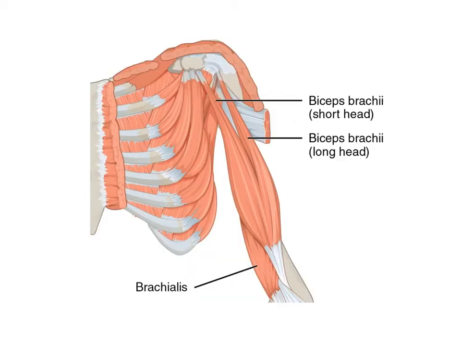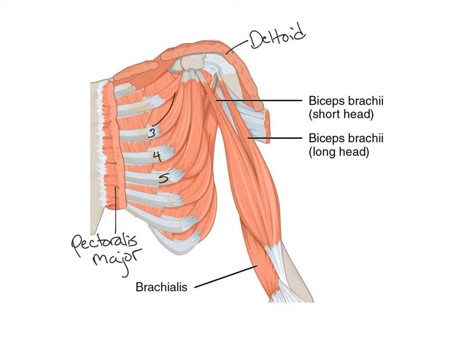Taking another look at the anterior side, on top we see the deltoid, which has been cut back to show the muscles underneath it, as well as our pectoralis major. Again, we see our pectoralis minor, and it attaches to ribs 3, 4, and 5.